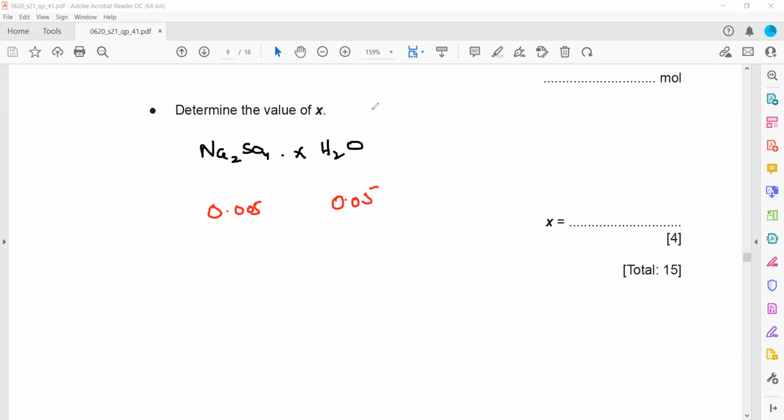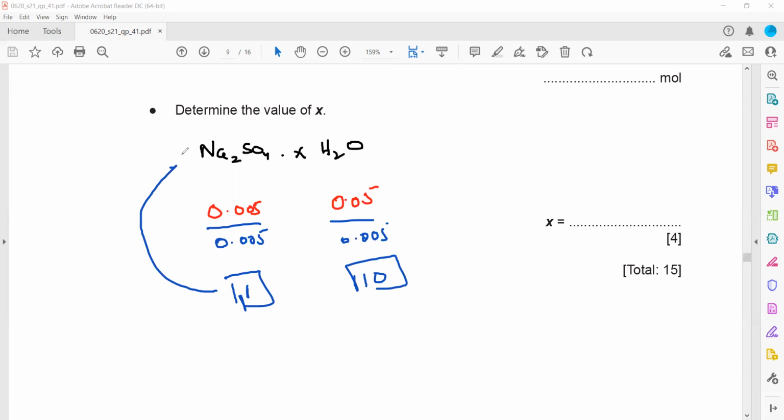0.05. So when we take the simplest ratio between their moles, we divide by the smallest value, which is 0.005. When we divide, for sodium sulfate we get 1, and for water moles we get 10. So 1 mole of sodium sulfate combines with 10 moles of water. If the value for sodium sulfate is 1, what should be the value of the water?